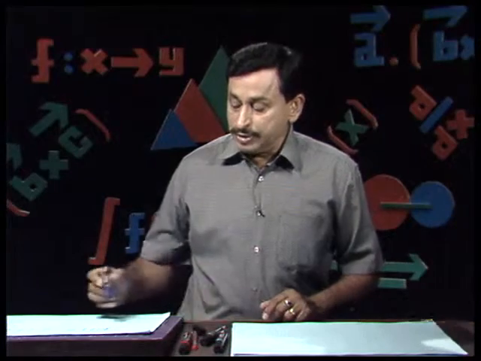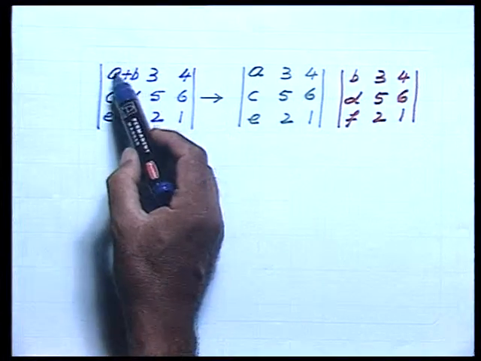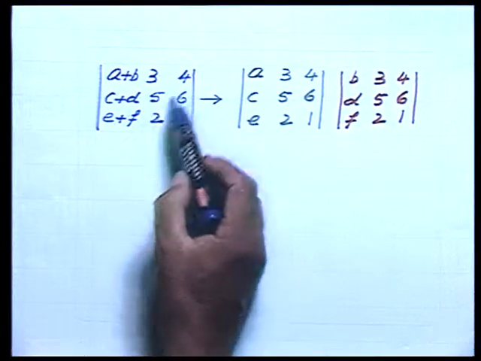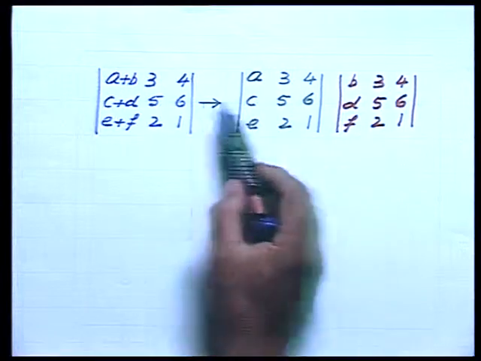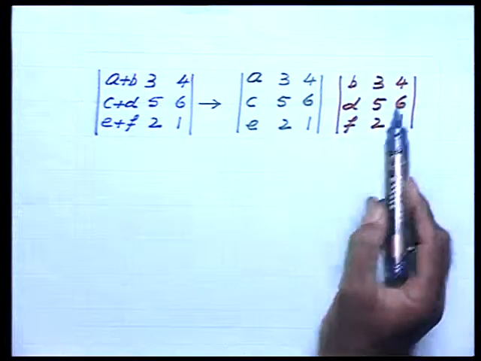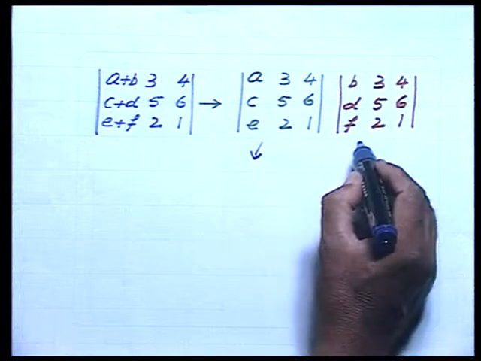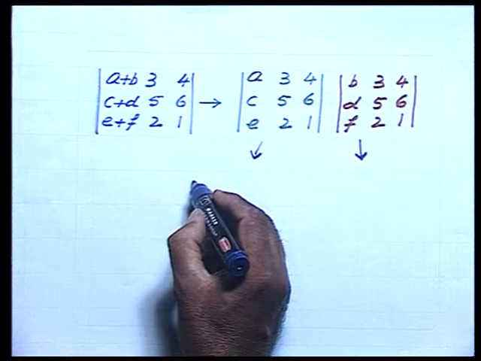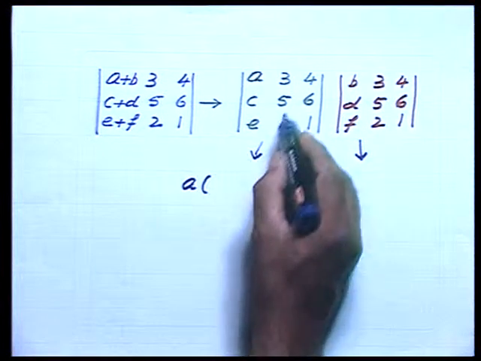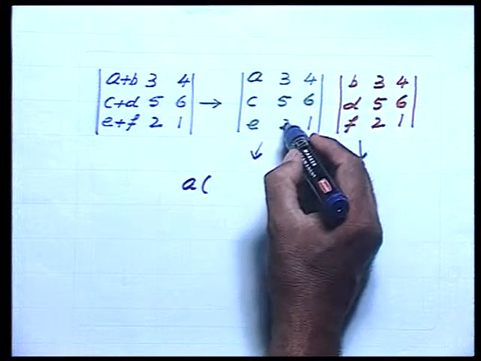Let us have another look at this. This determinant can be written as A C E drawn from here, these same, B D F drawn from here, and these as here. Now, in case you care to expand this and expand this, you find that the value of the determinant will be A into 5 times 1 and minus 6 times 2, 12.